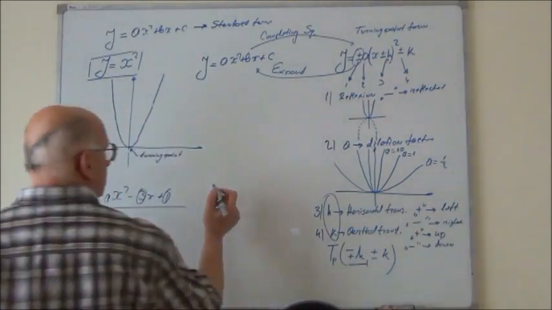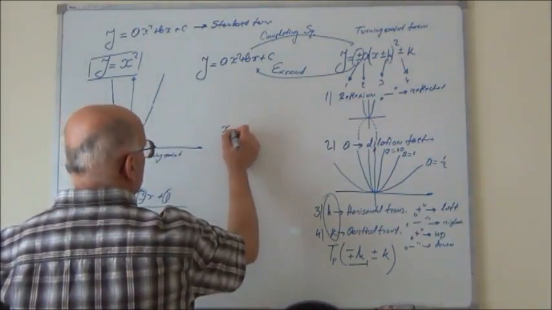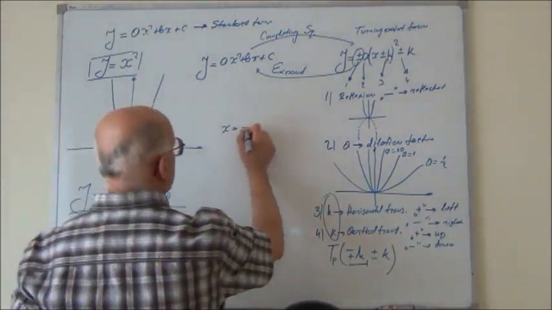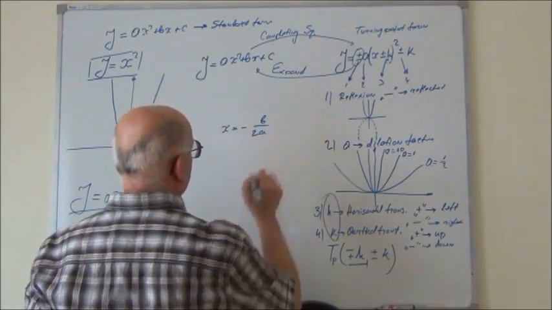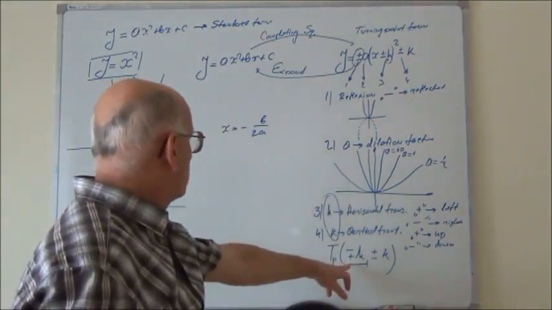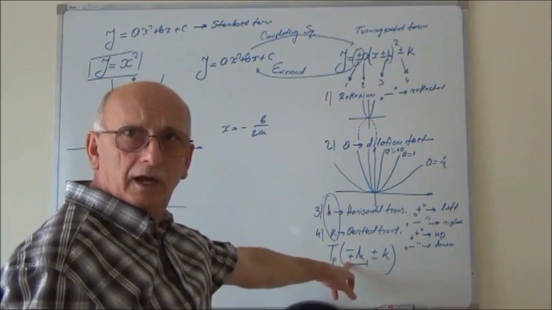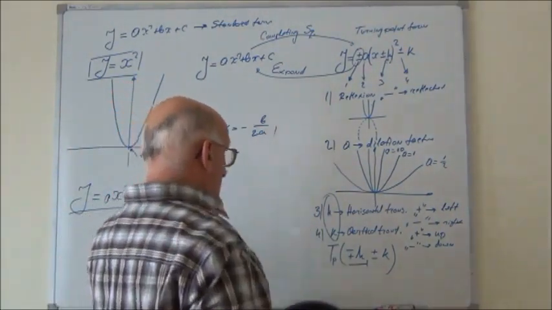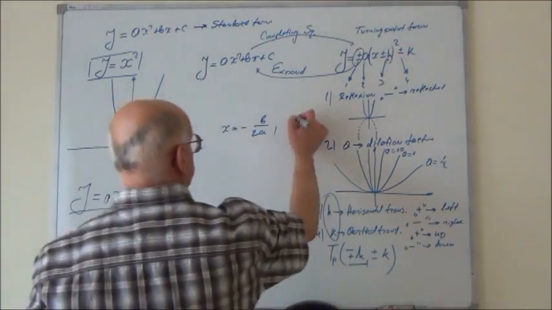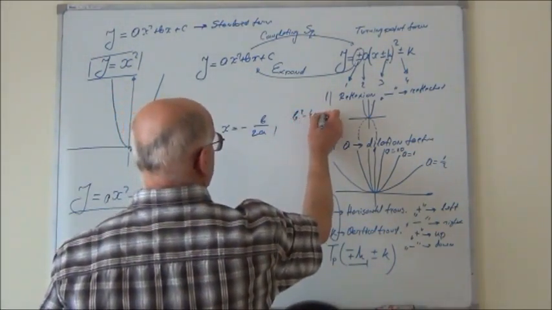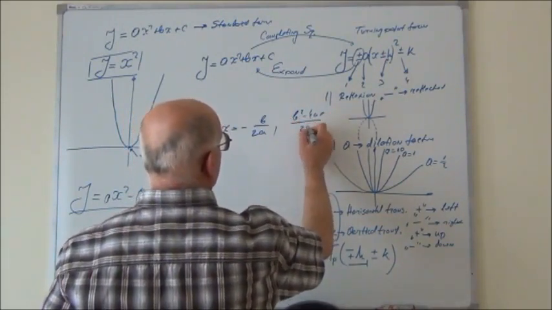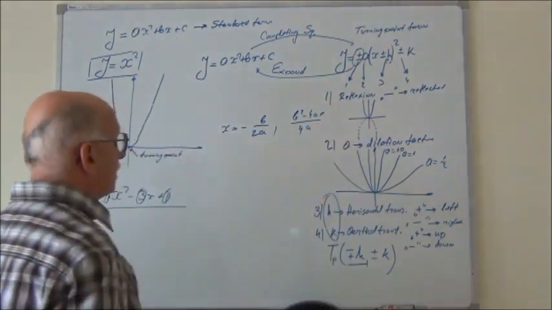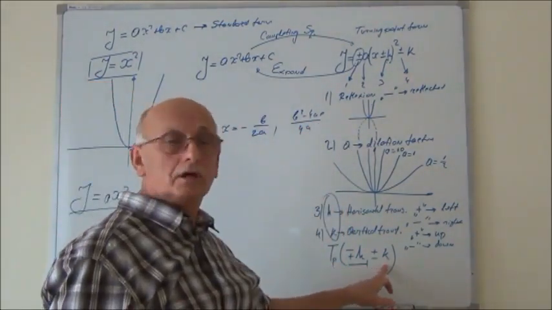Instead, they simply give you the equation of the line of symmetry of the parabola, which is minus b on 2a, and that is actually the x coordinate of the turning point, while b squared minus 4ac on 4a, sorry, is the y coordinate of the turning point.